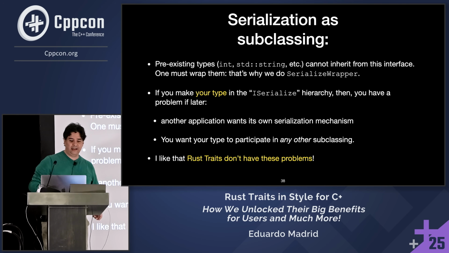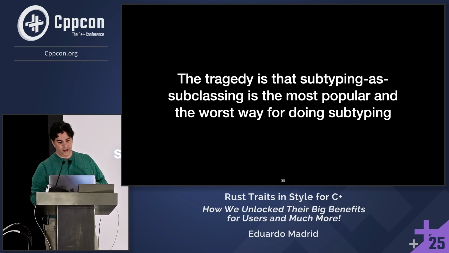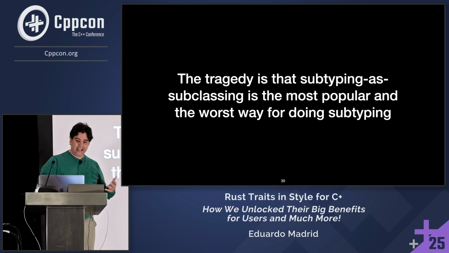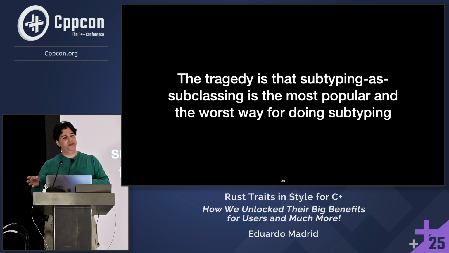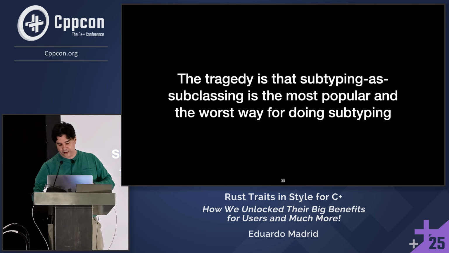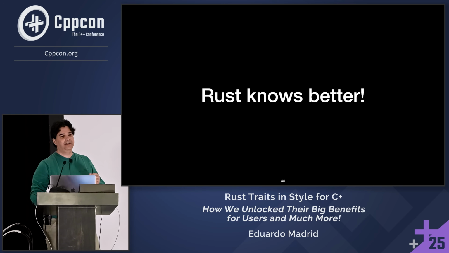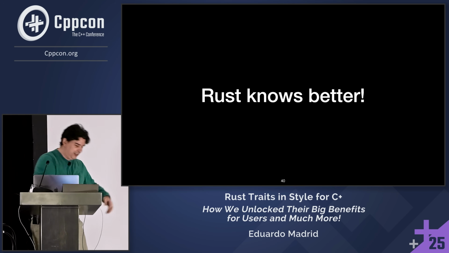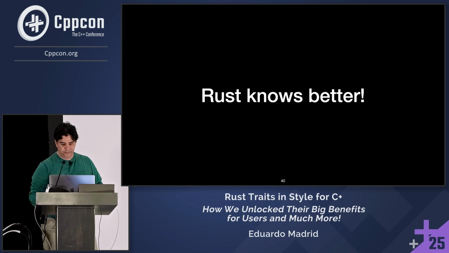Well, I really like that Rust traits don't have these problems. The tragedy is that subclassing is the most popular and the worst way for doing subtyping, okay? So this is something that our colleagues that designed Rust knew better than falling into that pitfall, and they gave us something that we're talking about today.